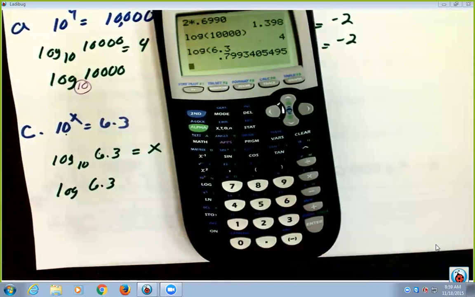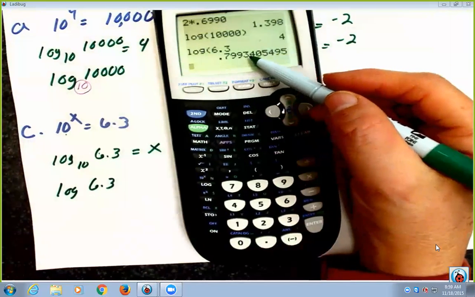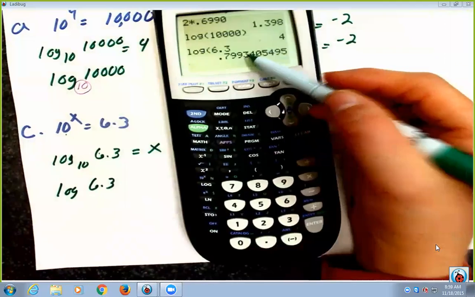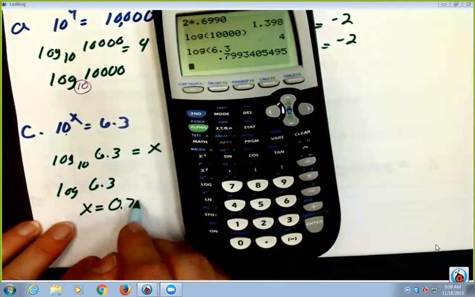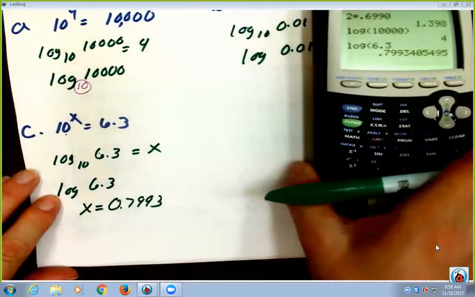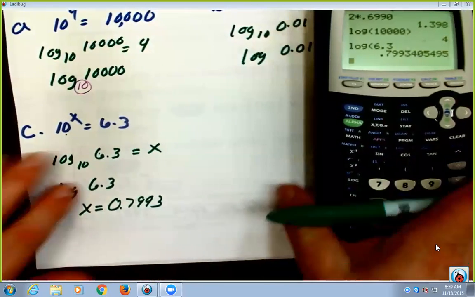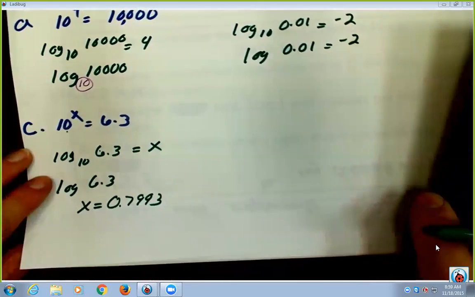It is a decimal. So we have to round it off. If I look at 1, 2, 3, 4 decimal places, the 4 is not going to change the 3. So x in this case is equal to 0.7993. So round to 4 decimal places and you will be good to go. That's kind of all you do, is just plug them in and go from there and see what happens with what you have.